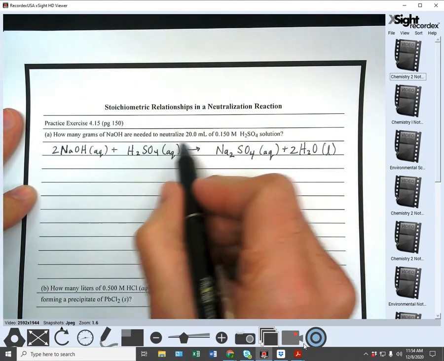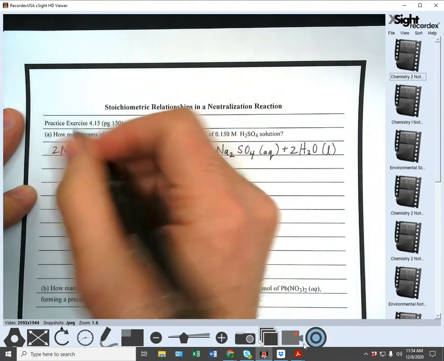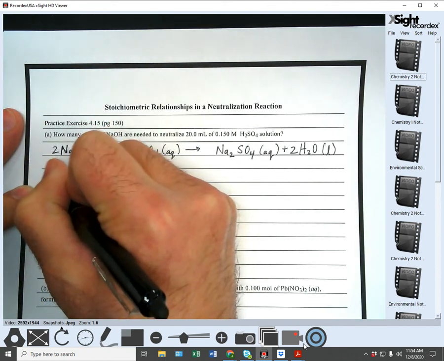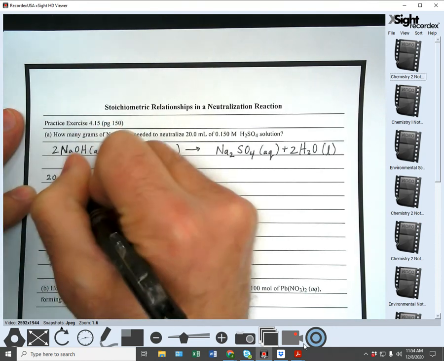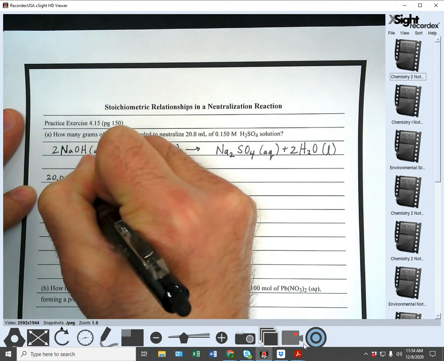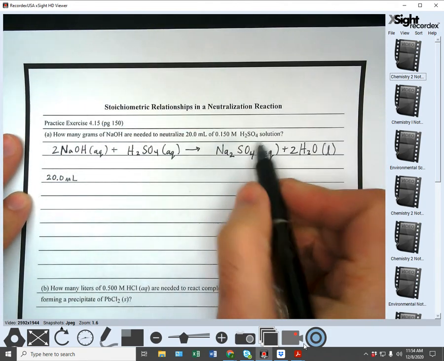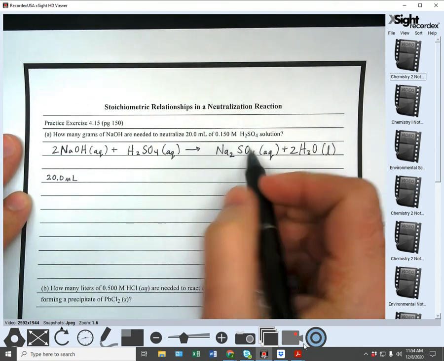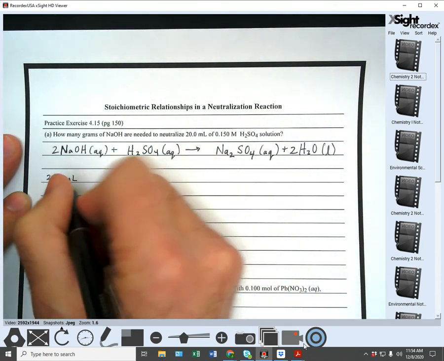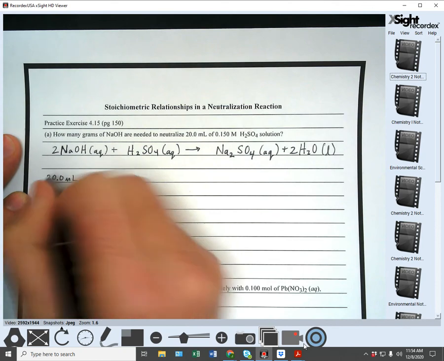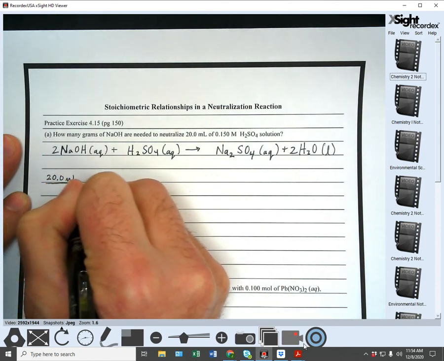So I'm just starting with this. I've got 20 milliliters of the H2SO4. Now, I'm not going to put the H2SO4 right away because I don't want to run out of room here.